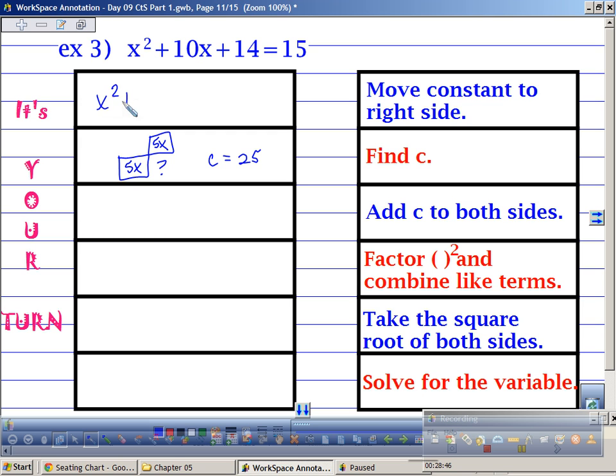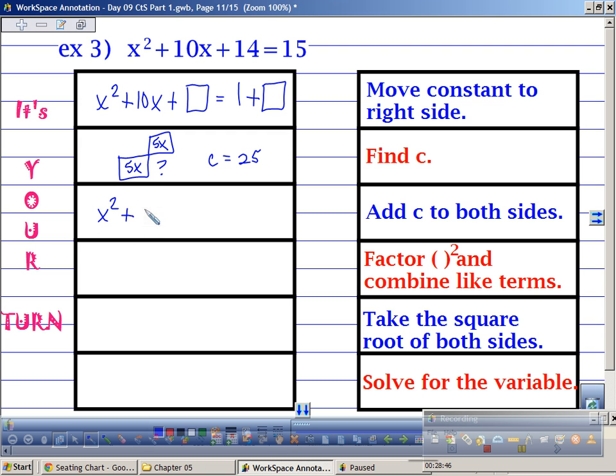So it would be x squared plus 10x plus our mystery C equals, when I subtract 14 from both sides, what do I have? 1. Now what? What's this step? Add 25 to both sides.